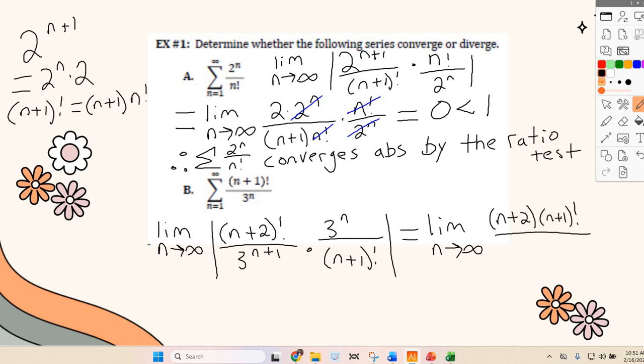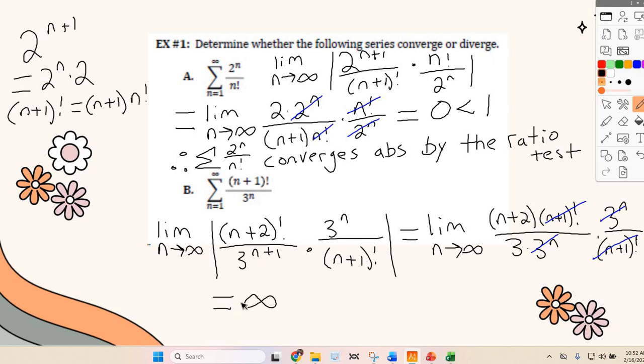And then what are we gonna have at the bottom? 3 to the n plus 1, so 3 times 3 to the n. Okay. What's that gonna equal? Infinity. Do we all agree with that?